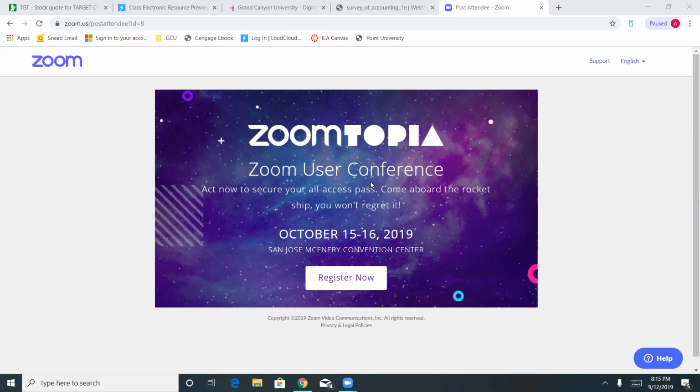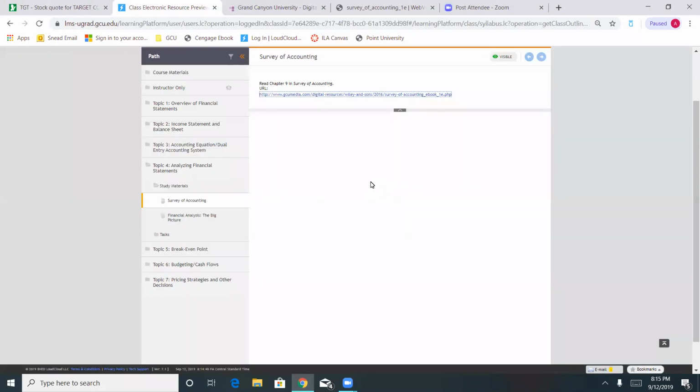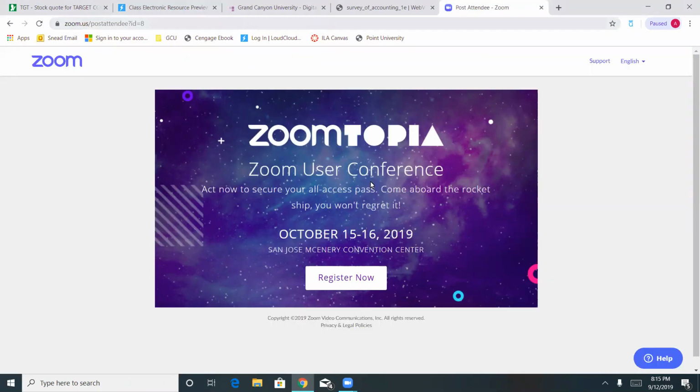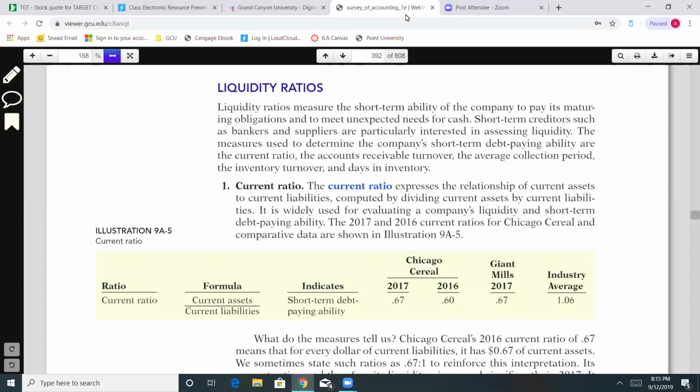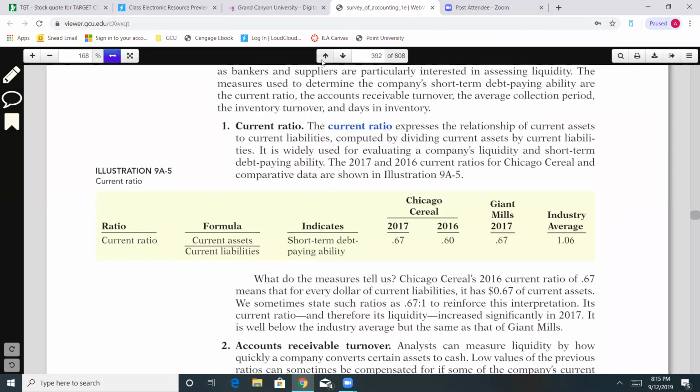Okay, so for the benchmark assignment, we are going to use these liquidity ratios. You're going to use these first for that first part of the problem. And the current ratio, the formula is given right here, with the current assets divided by current liabilities.